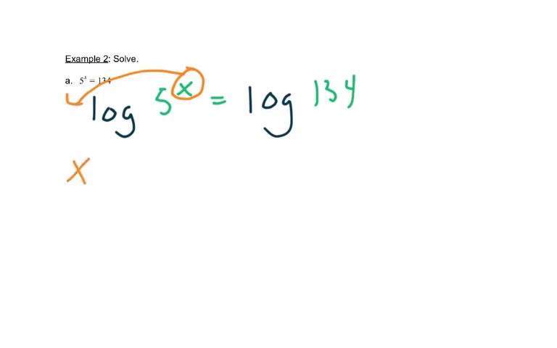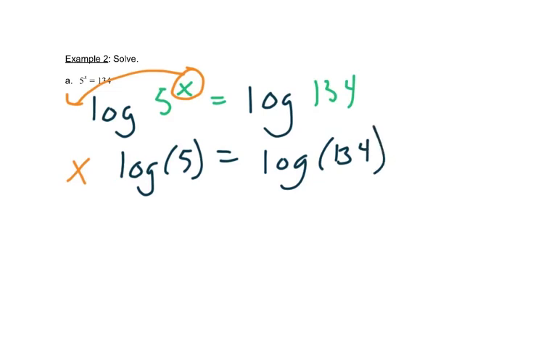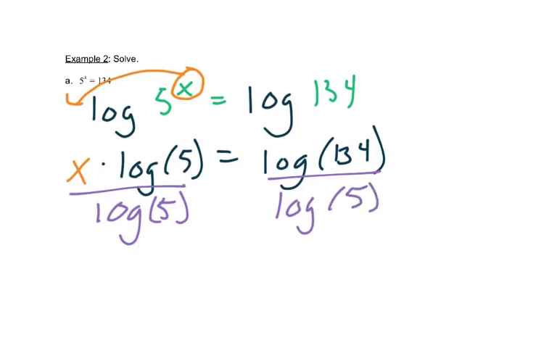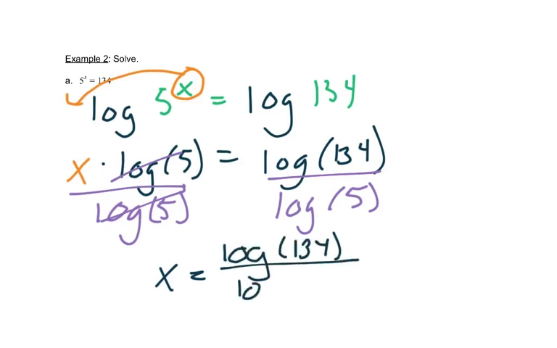So we'll have x log of 5 equals log of 134. And remember, this means x times log of 5, so the opposite of multiplication is division. We'll divide by log of 5 on both sides. That cancels out, leaves us with x equals. The exact answer would be just exactly what we see here: log of 134 over log of 5.